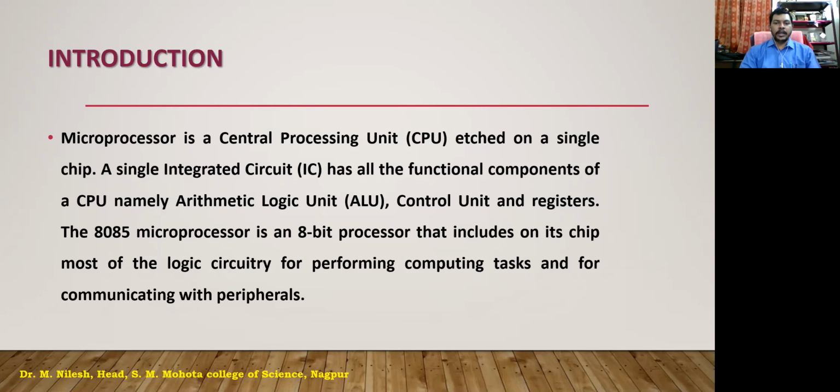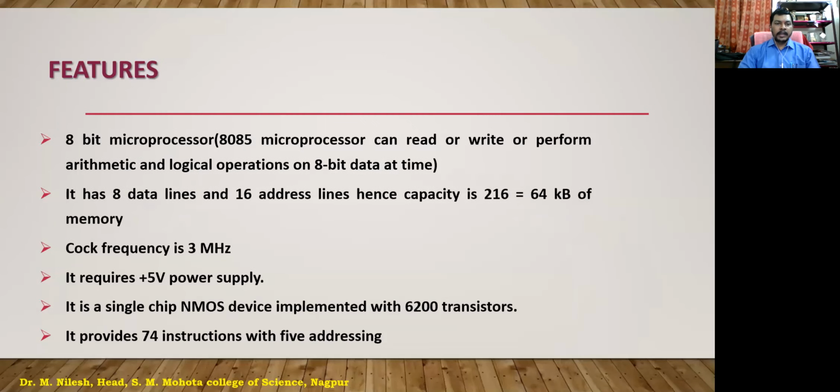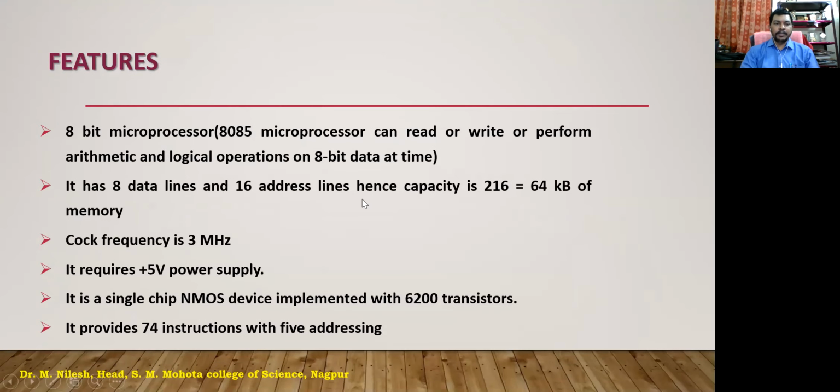It is an 8-bit microprocessor, and the address lines are 16-bit. As we have earlier discussed, it has 8 data lines and 16 address lines. Hence its capacity is 2 raised to power 16, which is equivalent to 64 kilobytes. Equivalent, not equal to, but equivalent.